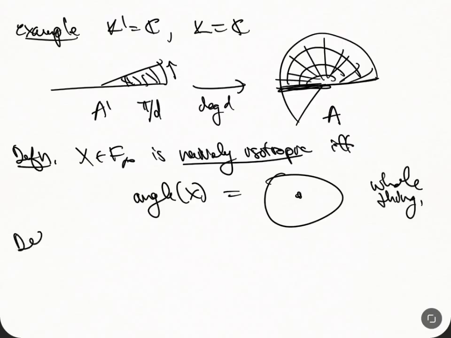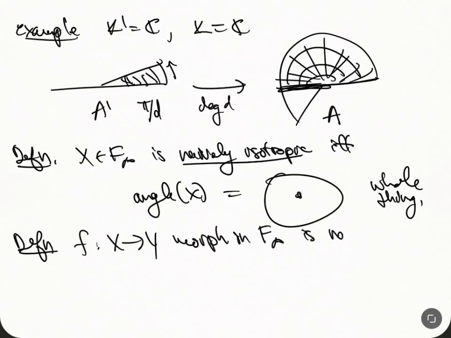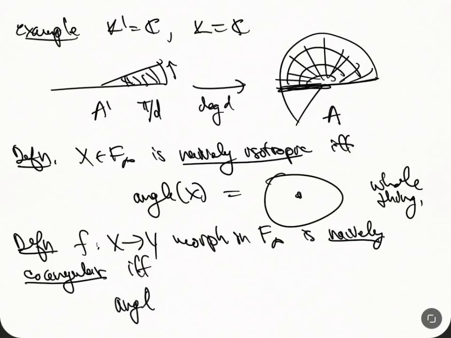Okay, that's our dude. Okay, and then we'll say that F, our morphism in the basic Archimedean Frobenioid, is naively coangular if and only if the angle of y is equal to the image of the angle of x.